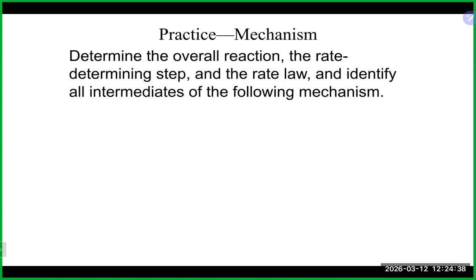So one last thing before we wrap this up is we talked a little about energy diagrams, and if you had a mechanism, we'll just make up one here, like A plus B goes to C plus D, and this is step 1. And we have step 2, C plus D goes to E plus F, right?